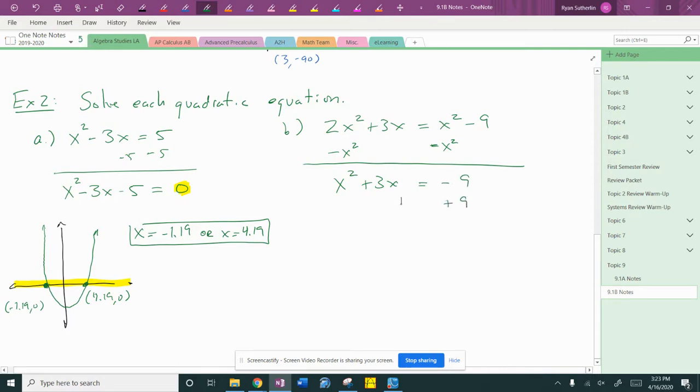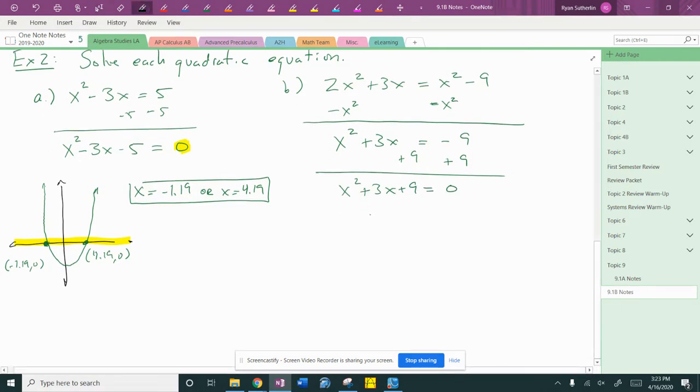Now I'm going to move this 9 over by adding 9 to both sides. So I have x squared plus 3x plus 9 equals 0. So now I'm going to make my grid, and we are going to solve this equation.